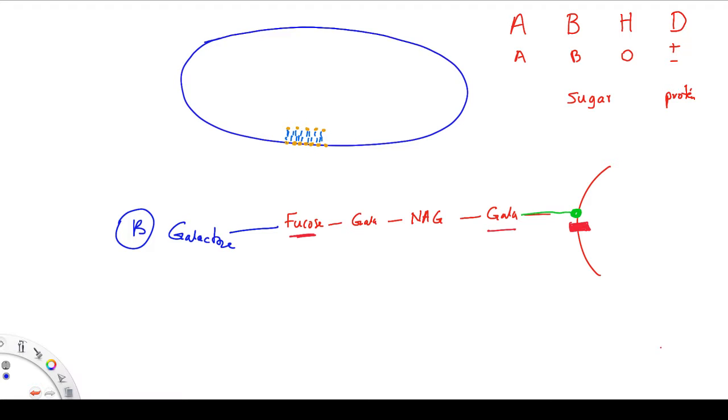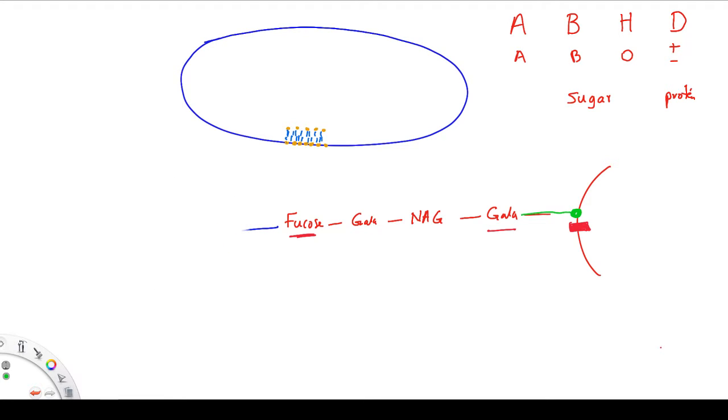A and B. The H antigen is a precursor for A and B type. You cannot have A and B without H. That means all RBC should have H. If you modify it to B or A, it depends. If you add a galactose to it, what does it become? Type B antigen.